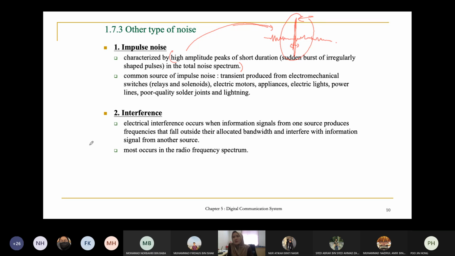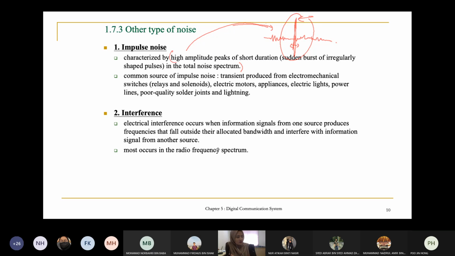For example, the frequencies in the radio can overlap. Sometimes you hear another channel, and at certain locations you will hear two signals overlapping on the radio, both signals together. So this is what we call interference. It mostly occurs in the radio frequency spectrum. Okay, so that is the definition of the types of noises.